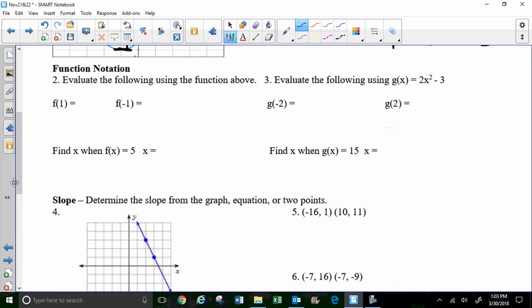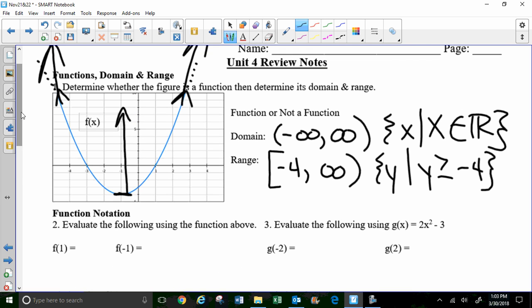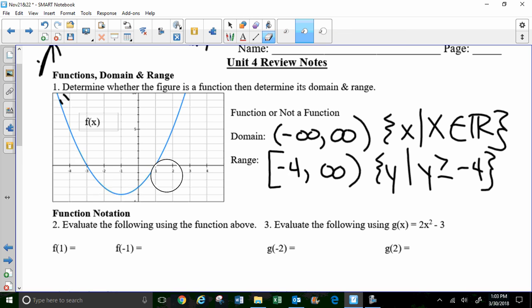Next, let's look at function notation. We're going to evaluate f of 1 and f of -1 using this graph. It wants to know, when x is 1, what is my y value? Let's go to the x value of 1. What is the y value there?